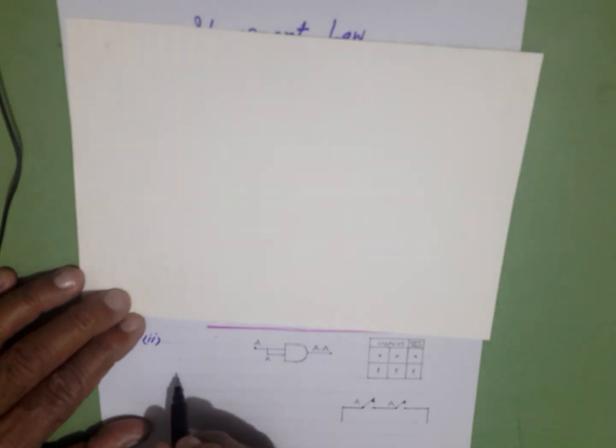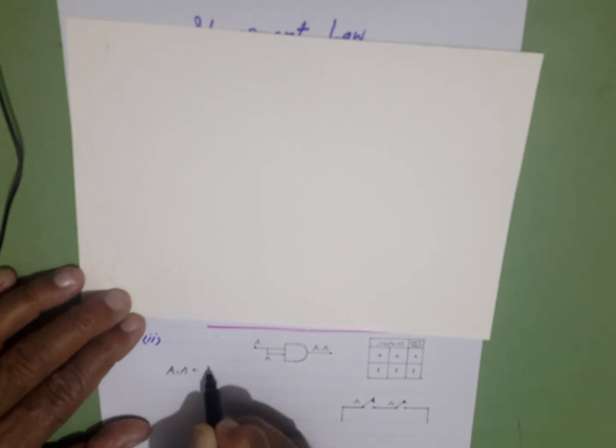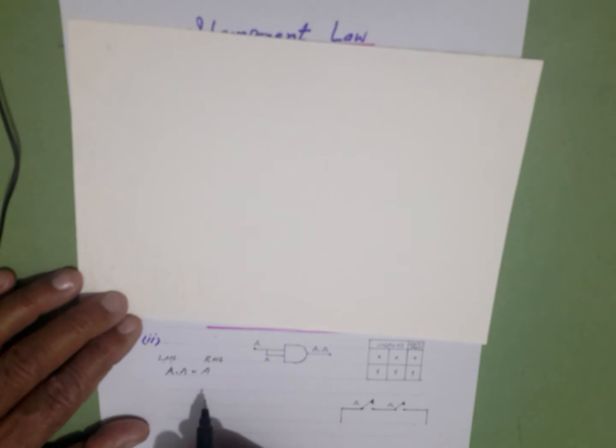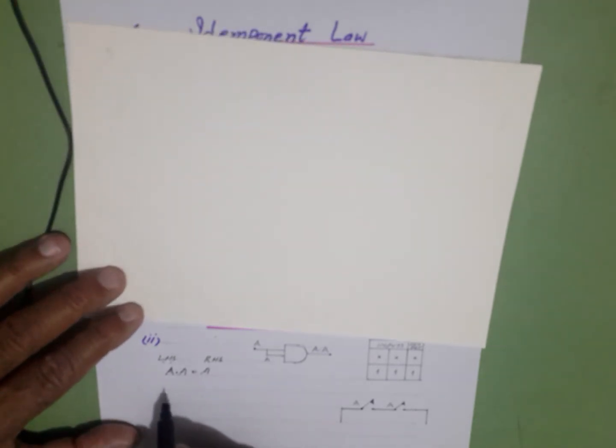Let us prove with the help of Boolean laws. A ANDed A is equal to A. This is the RHS. This is the LHS. Let us see whether this is equal to A. This time we are going to take into consideration the left hand side.